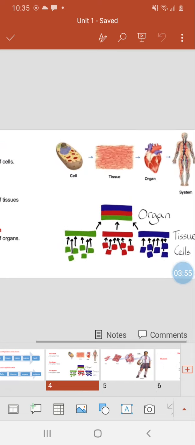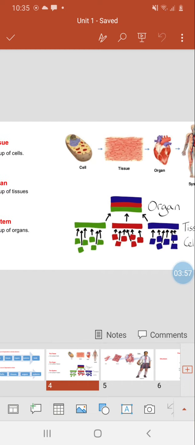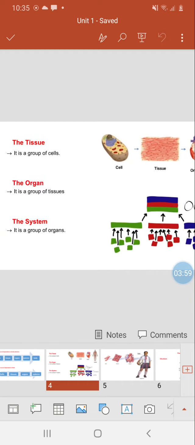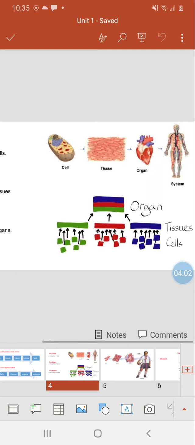So this is the picture of tissue, and this is the image of a cell. Let's see the picture below. That is like a group of cells of different colors or kinds, connected together to form tissues, and tissues form the organ.